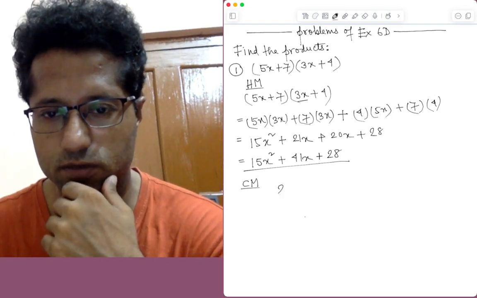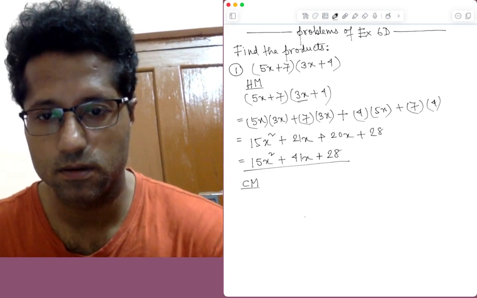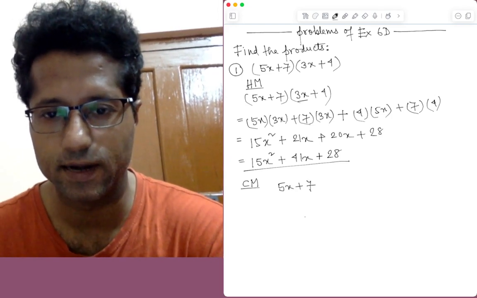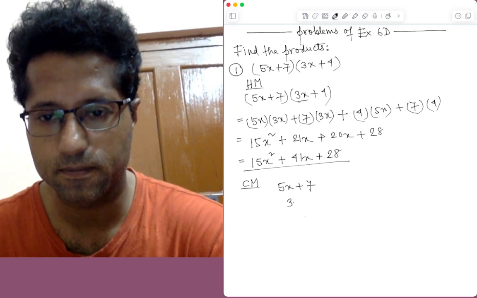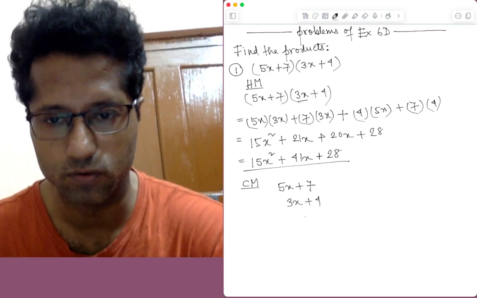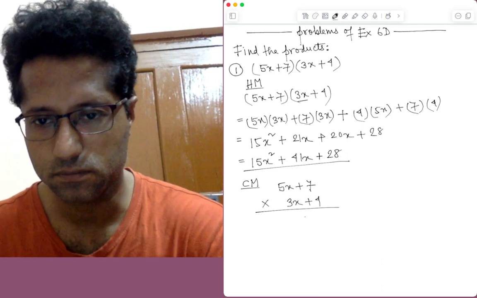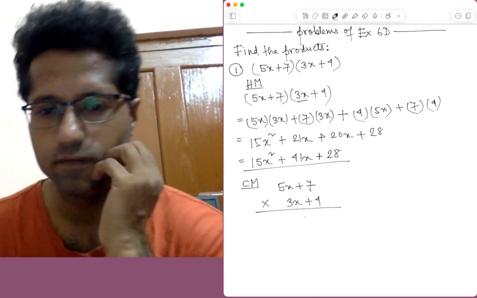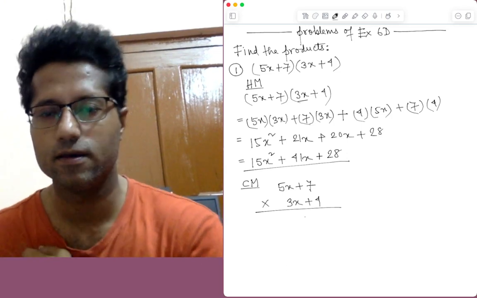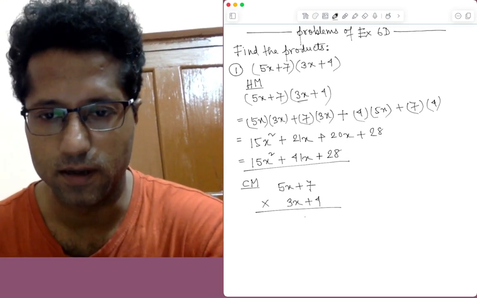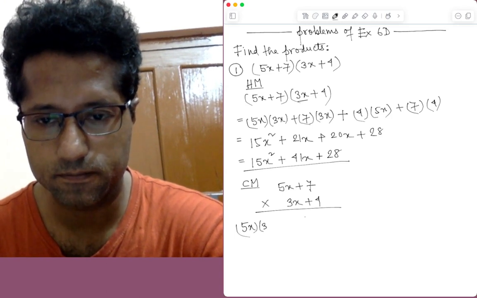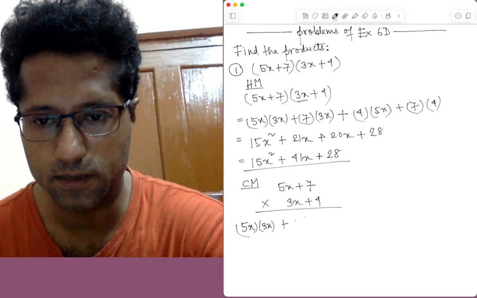So we first write the first binomial, 5x plus 7, and then we write the second binomial, 3x plus 4, and we have to do a multiplication. Now from the second binomial, from the left hand side term wise, we will take the first term, that is 3x, and multiply with the first binomial, and it becomes 5x into 3x plus 3x into 7.